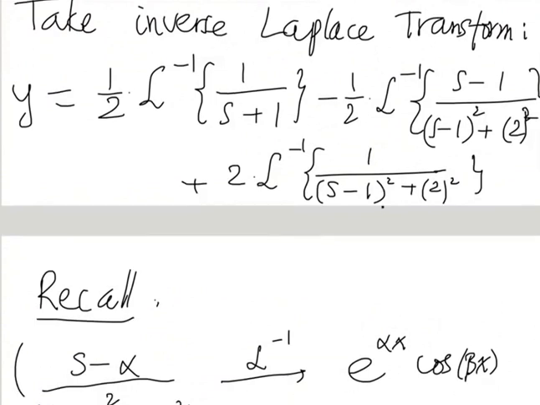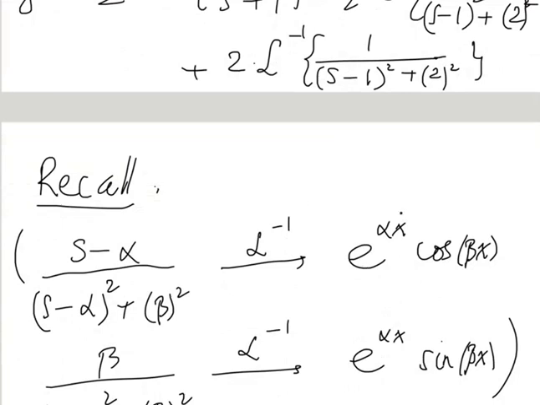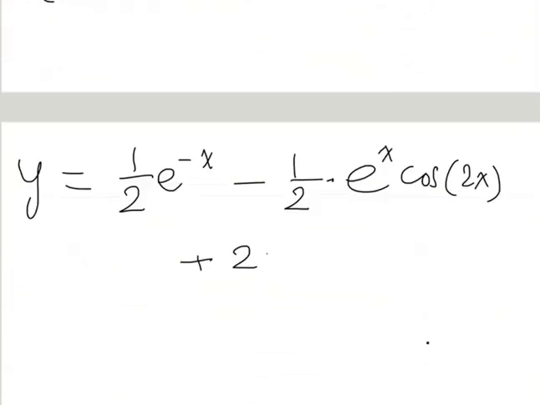Now in the formula, we're supposed to have beta in the numerator, but here we have just 1. We need to divide by beta in order to use the formula. So it's going to be a half, since beta is 2, so a half e to the alpha x sine beta x, which means a half e to the x sine of 2x. There's a 2 in front already, so we have e to the x sine of 2x.